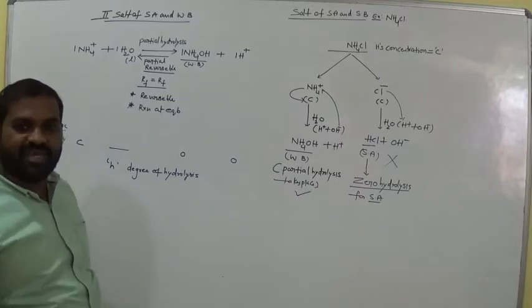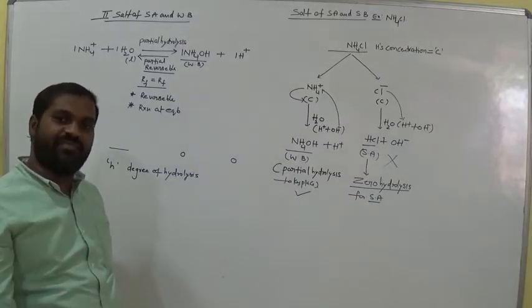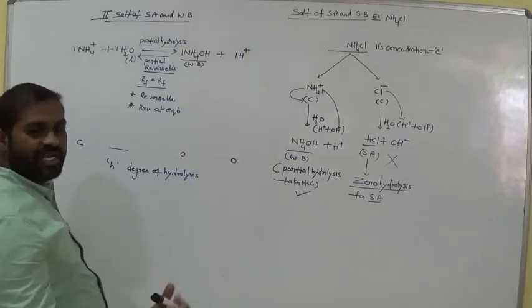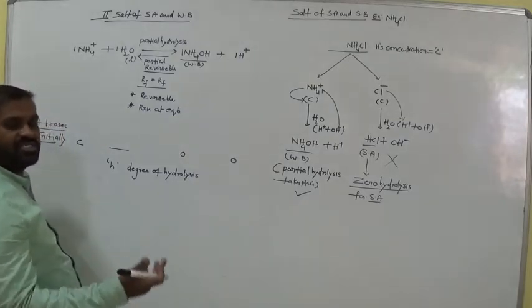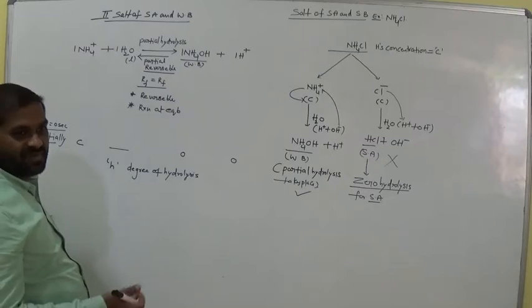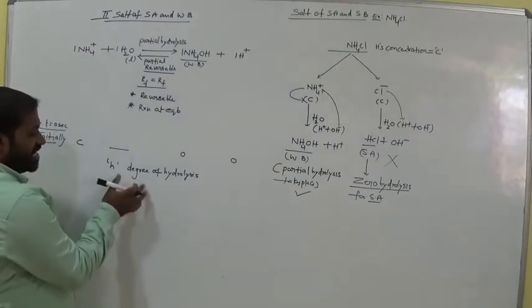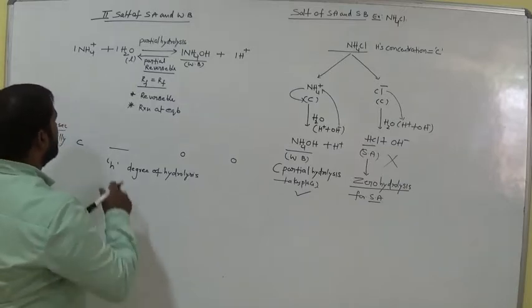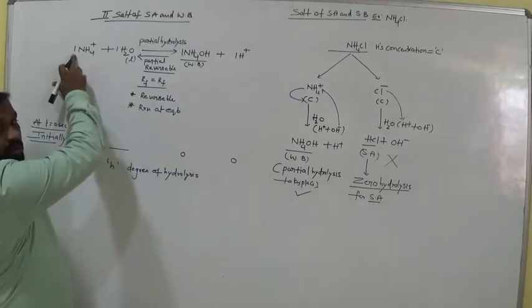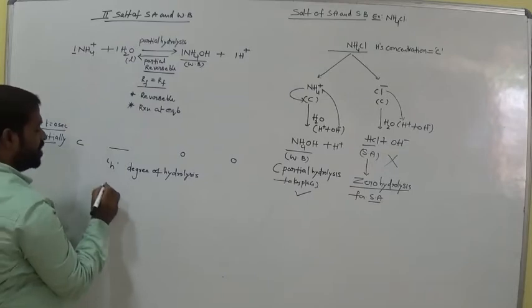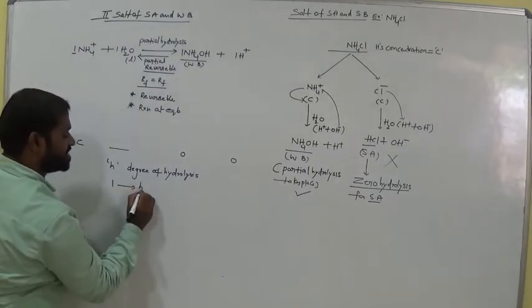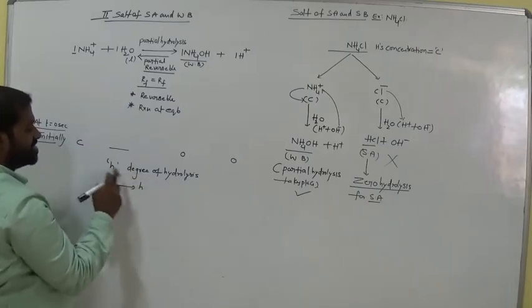Where in weak acids and weak bases we consider the degree of ionization or dissociation, like that only here it is the degree of hydrolysis. So how much hydrolysis takes place? How much the water undergoes hydrolysis as H plus and OH minus, that is taken as the degree of hydrolysis, h. Remember, very very important. Okay. So for 1 mole, the degree of hydrolysis is h.